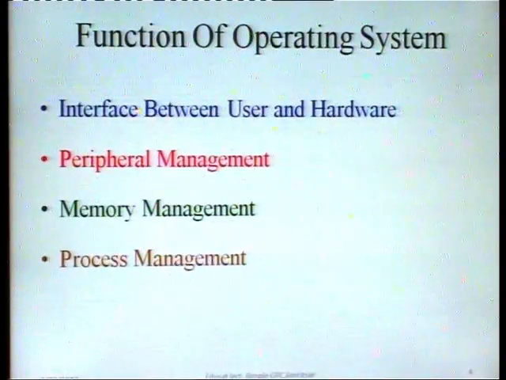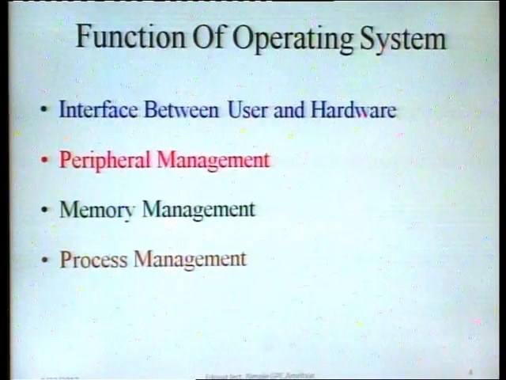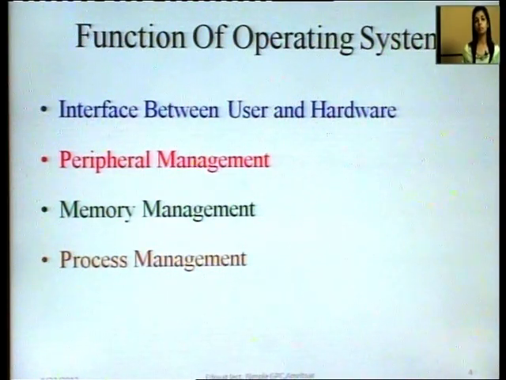Next are the functions of operating system. There are various functions. First is interface between user and hardware. It acts as an interface medium that makes a user communicate with the system and makes a computer communicate with the human.